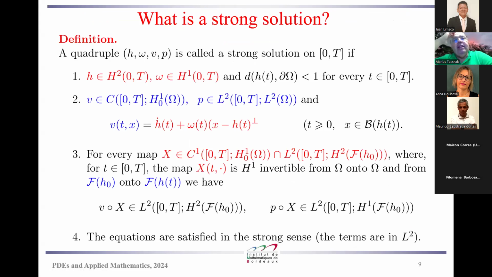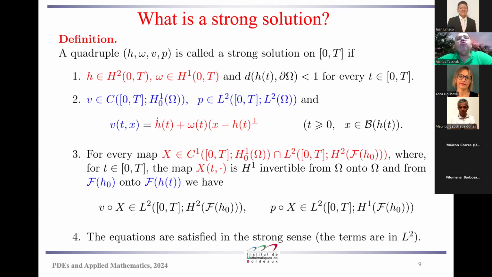So here is a formal definition of strong solution. So it's L2 of H2 for the velocity of the fluid, but it means that it's L2 of H2 when I compose with this, let's say, a change of variables, capital X, which should have some extra properties. We will come back to that later. But in order just to define solution, the smoothness of capital X is enough.